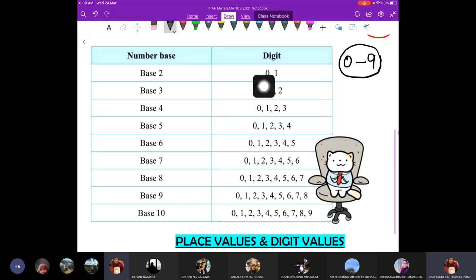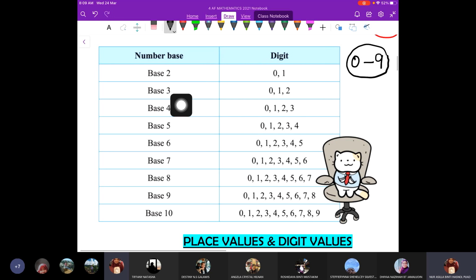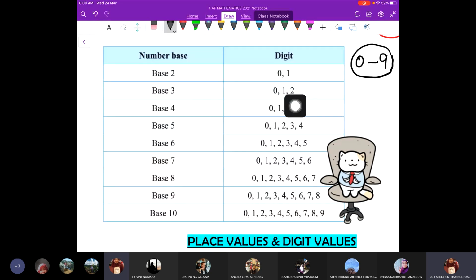Okay, so digit yang boleh dipakai is below the base. Alright, so kita base ini tak akan ada negatif lah. There's no negative base. Okay, jadi base 3, of course the digit will be 0, 1, 2. So kalau kamu tengok base 10, digit is 0, 1, 2 up to 9.